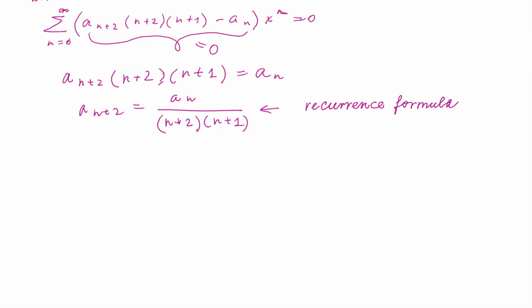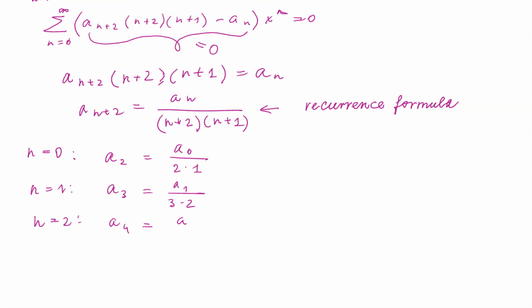So, for example, I'm going to set n equals 0, and I'm going to get that a2 equals a0 over 2 times 1. Then n equals 1, a3 equals a1 over 3 times 2. n equals 2, a4 equals a2 divided over 4 times 3, right?